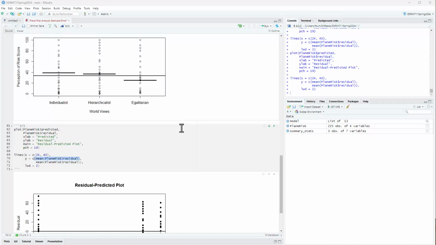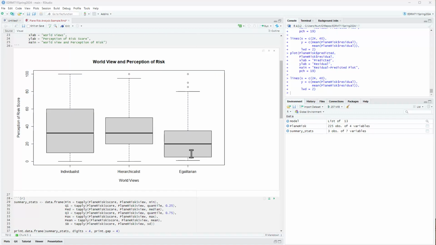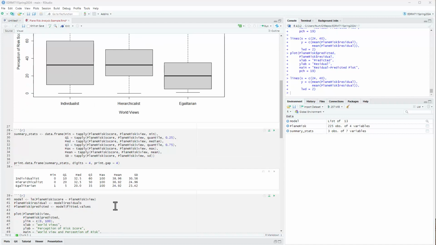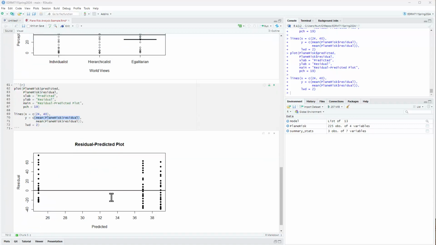If we go back to our original box plot, you see here how we come from the median and go way up to the top, but the median itself, these values are really compressed down here. So when I end up taking the residual, which remember is observed minus predicted, these are the values that I get for all the members in each of these groups.